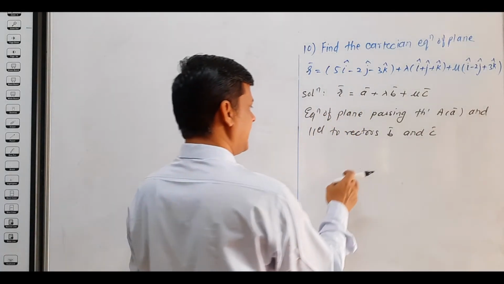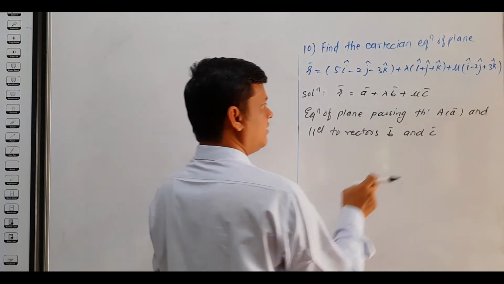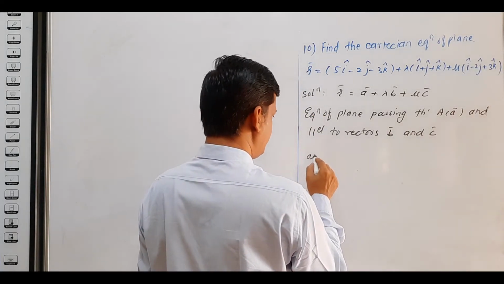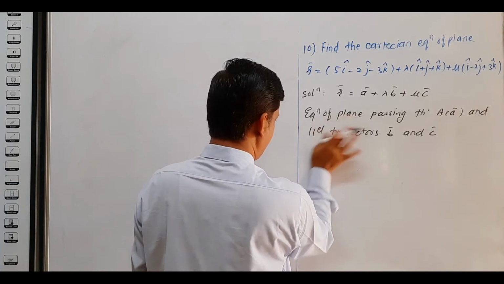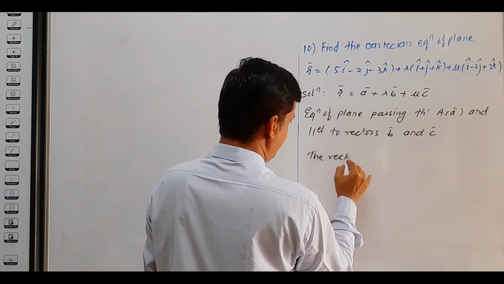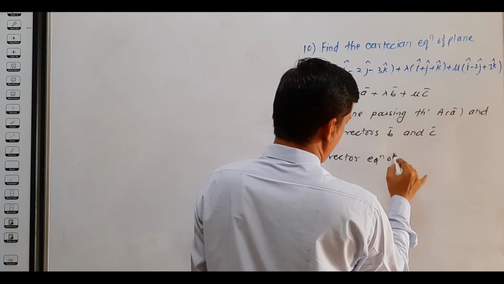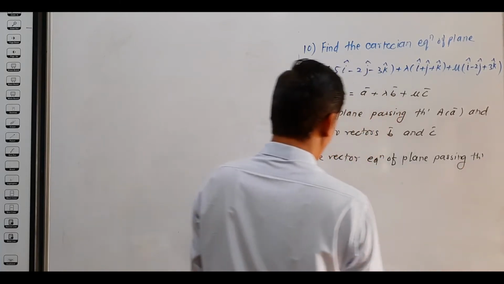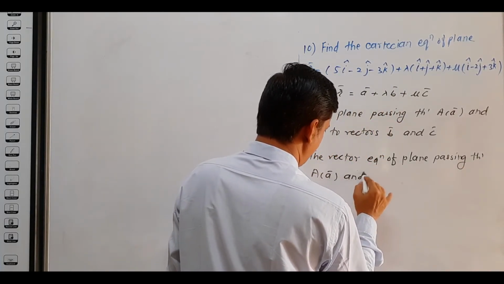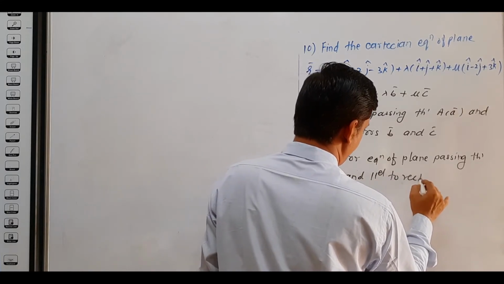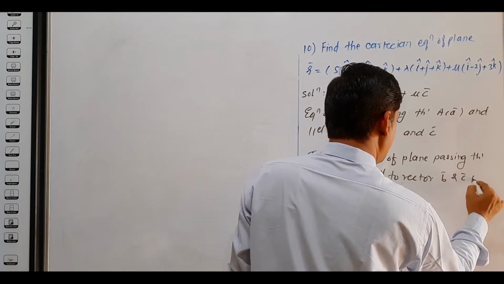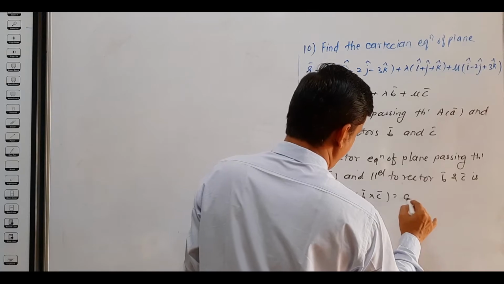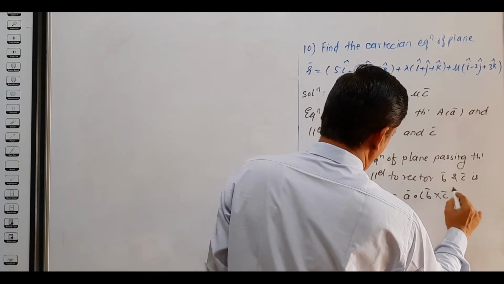So we write the vector equation of a plane passing through the point A of A bar and parallel to the vectors B bar and C bar as R bar dot B bar cross C bar is equal to A bar dot B bar cross C bar.